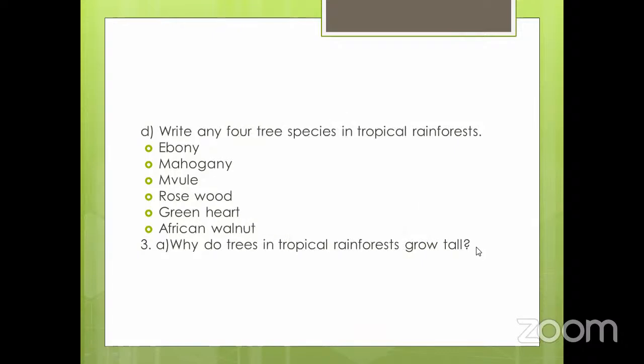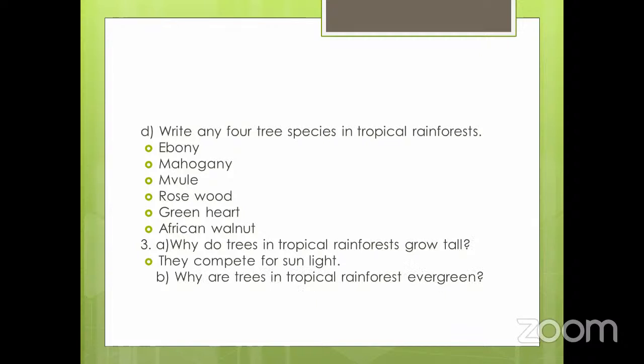Have you ever seen a tall person? I am not meaning that tall people compete. Maybe we people also compete for sunlight, but I want you to get the idea about the word tall. So you find that in this forest, trees basically grow tall. Why they grow tall is to compete for sunlight.